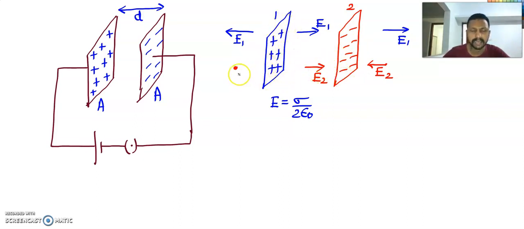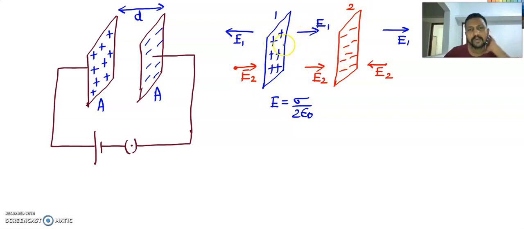Now we are marking the direction of electric field intensity due to sheet 2. Therefore, assume a unit positive charge over here, and what will this negative charge sheet do? The negative charge sheet will attract the unit positive charge. Therefore, this is the direction of electric field intensity, and since it is due to sheet 2, I can mark it as E2.